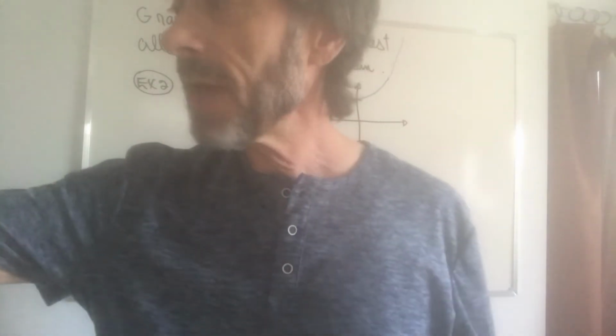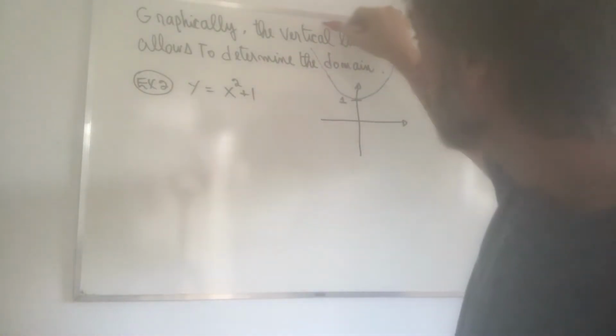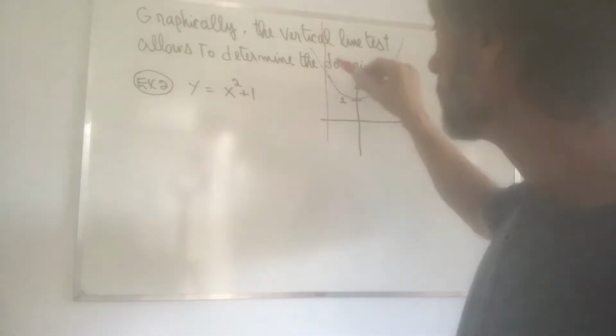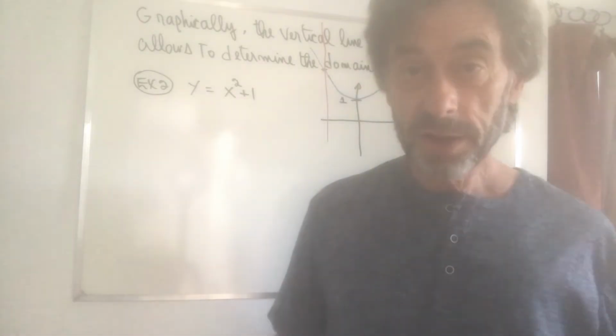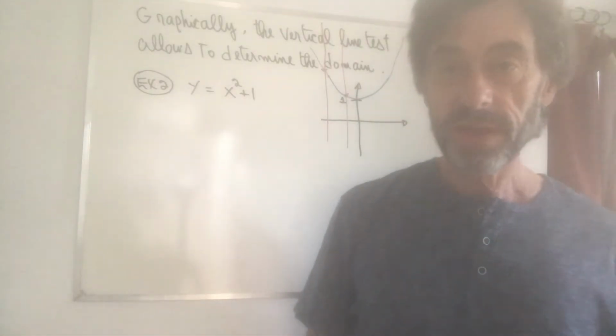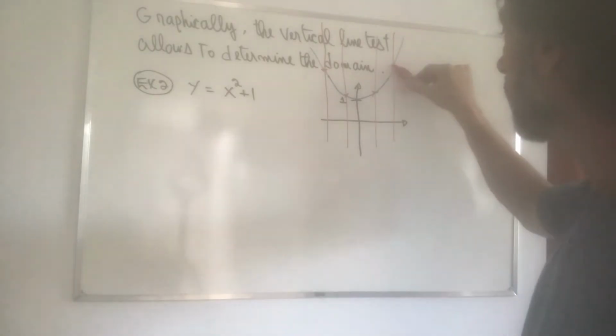The vertical line test is as such. If I draw a vertical line here, do I cross the graph? Yes, right here. If I draw another vertical line here, do I cross the graph? Yes, right here. And so on and so forth.